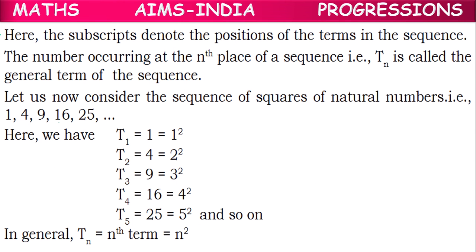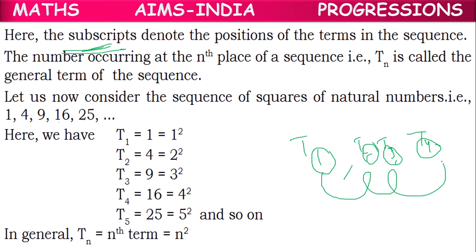Next. In T1, here 1 is considered as a subscript. In T1, T2, T3, T4, all the terms have subscripts. In the place of subscripts we have numbers 1, 2, 3, 4.